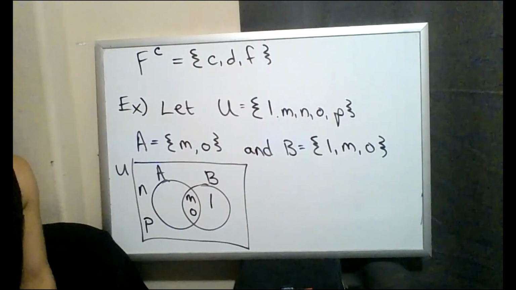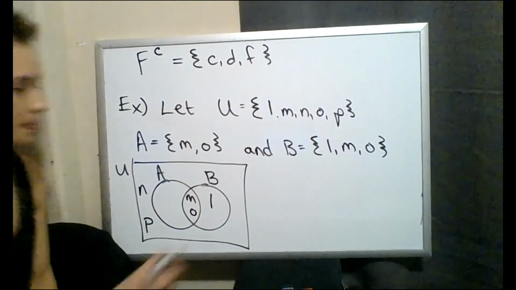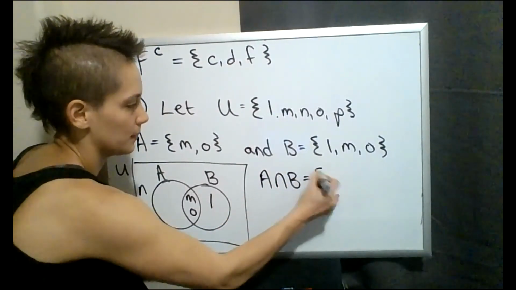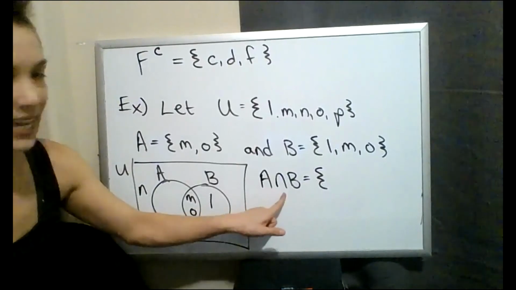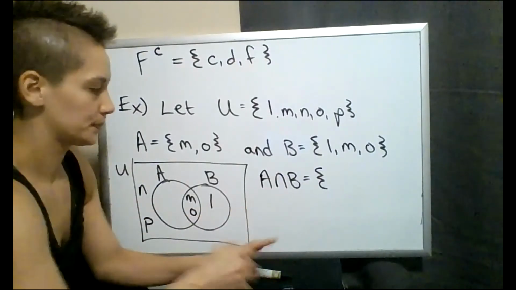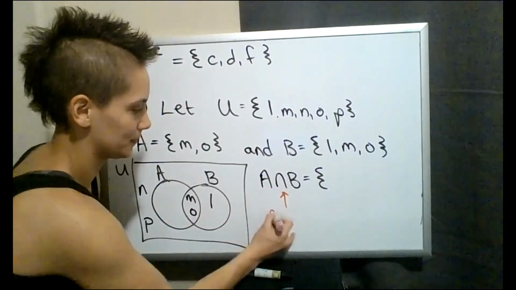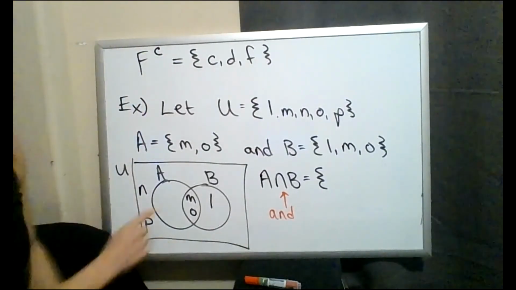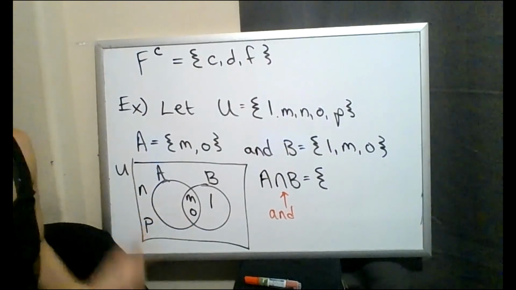Okay, so A intersect B is first. So it's in A and B. All right, M and O are in both of the sets.